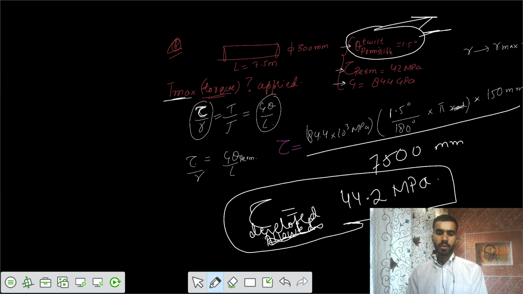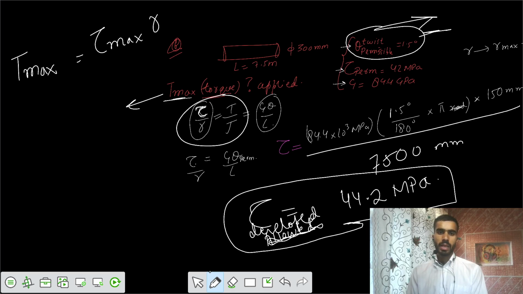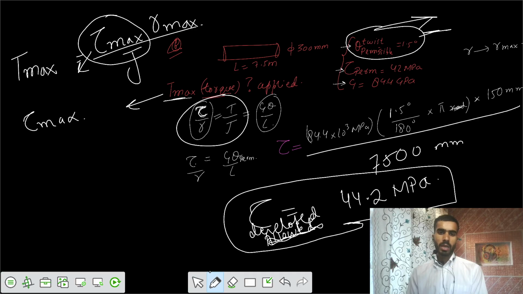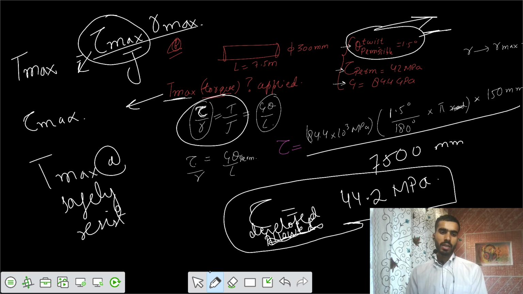And if you want to say what the maximum torque is, how much maximum torque you can apply, by the relation you can say that shear stress should be maximum at r equals r max, with the J value. You need T max at the safe shear stress. You should resist the torque safely.